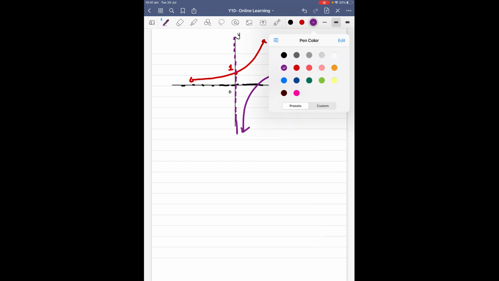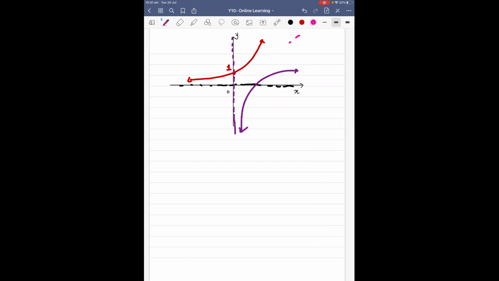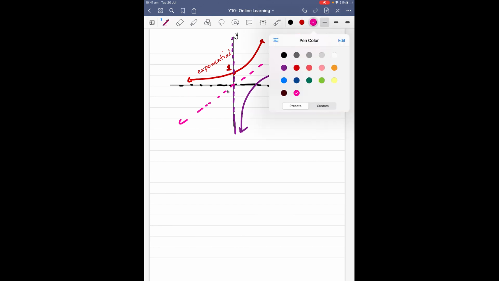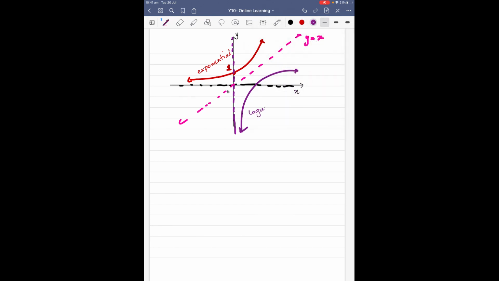And to tell if something is a reflection, we have technically y equals x, and it's like a mirrored image, as you can see. So this here is your exponential, and this is your logarithmic function.